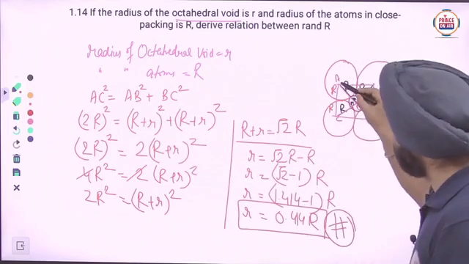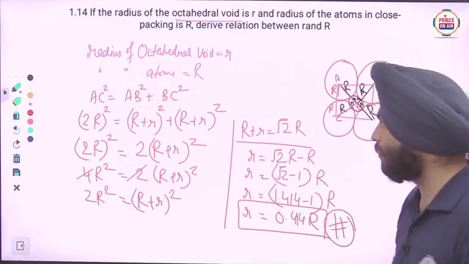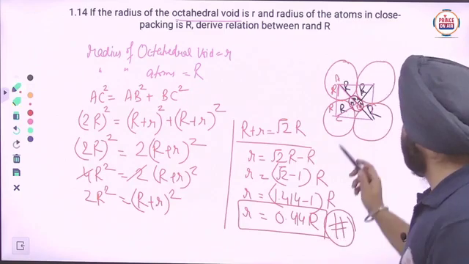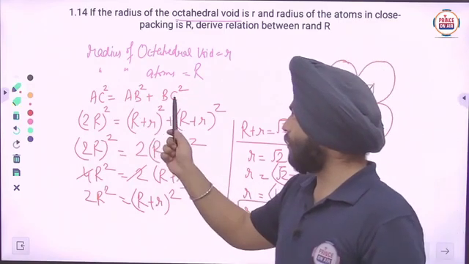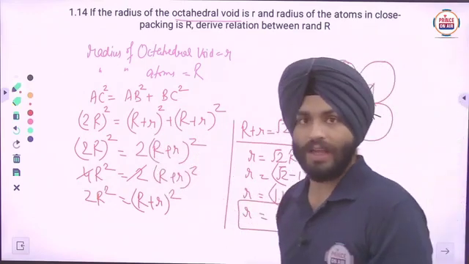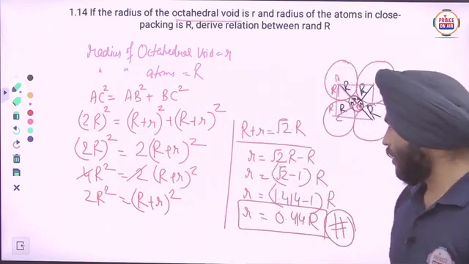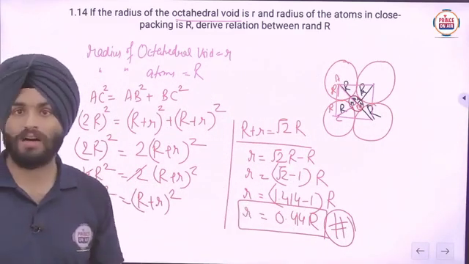AC is this one, that is the radius and that is also radius, so R plus R, it will be 2R, and here that is capital R and small r. So AB and BC are R plus r and their squares also. Just we have to do that calculation afterwards, and it will give you the relationship between these two R's.